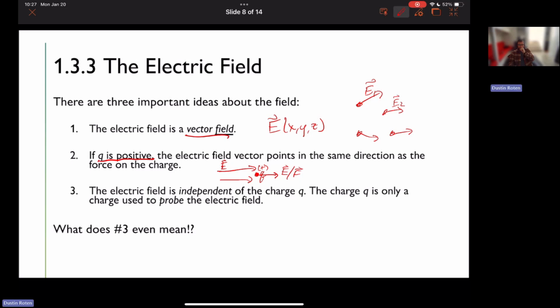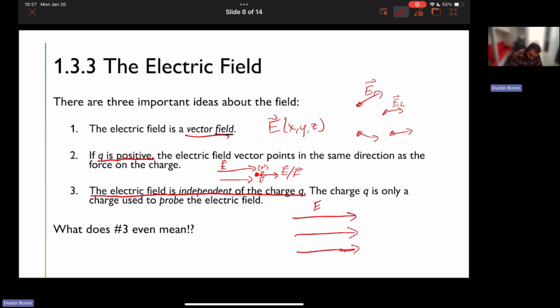So the electric field is independent of the charge Q. Now we're getting somewhere. This goes back to the thing I told us to keep in our heads for a while, like why do we divide out the Q? Here's why, okay? So some electric field, I'm just going to draw a simplified E field here.